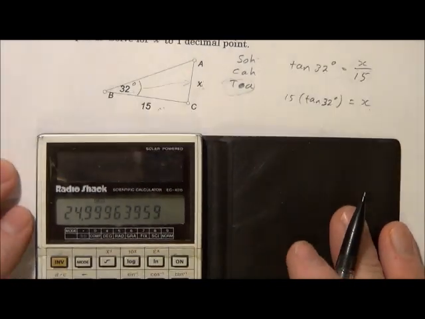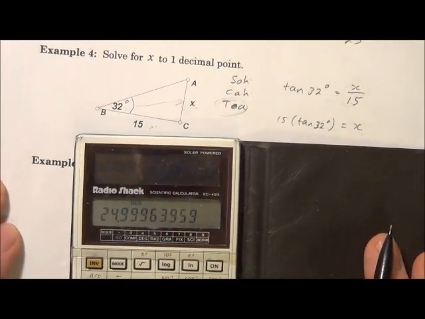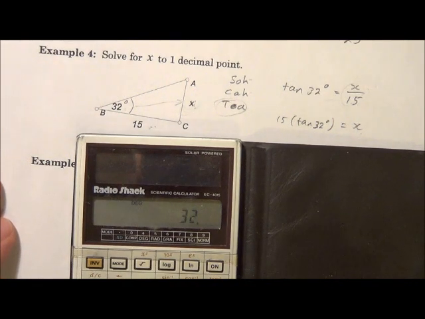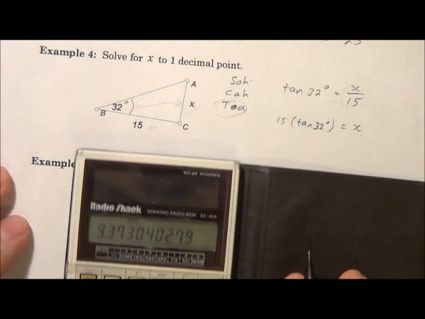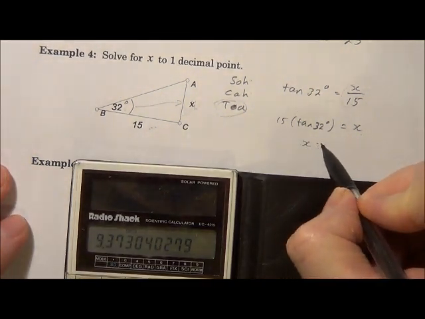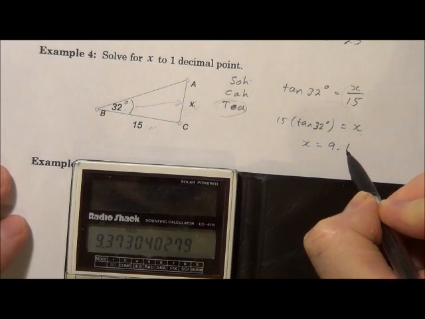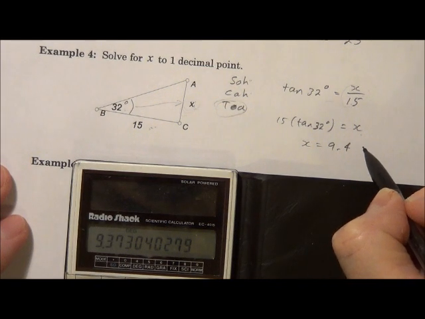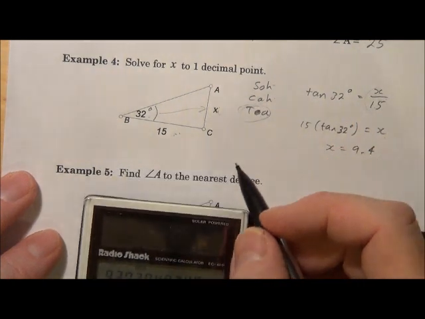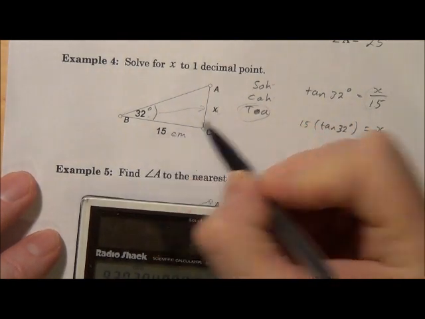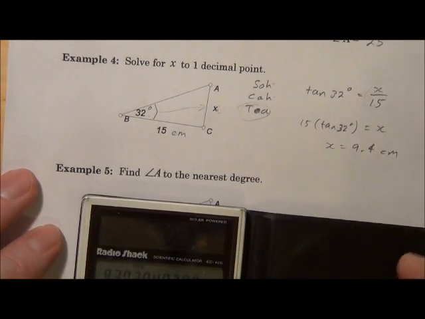So when we punch this in, all we have to do is 32 tan, and then multiply that result by 15, and that will give us x to be 9.4 units. I don't know, let's call this centimeters.